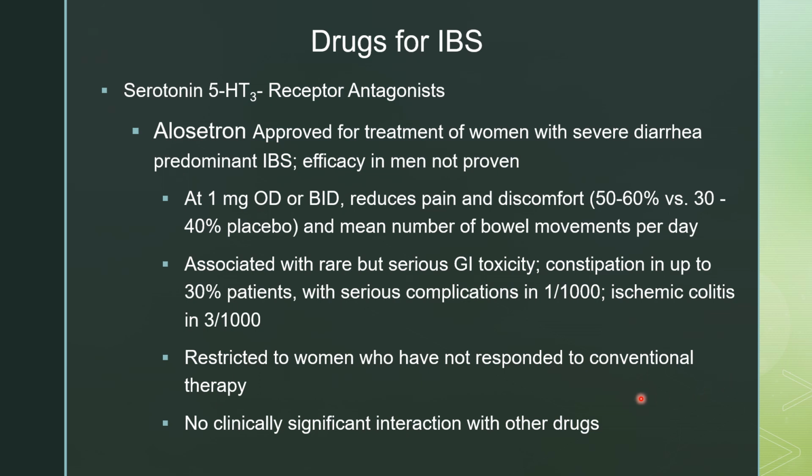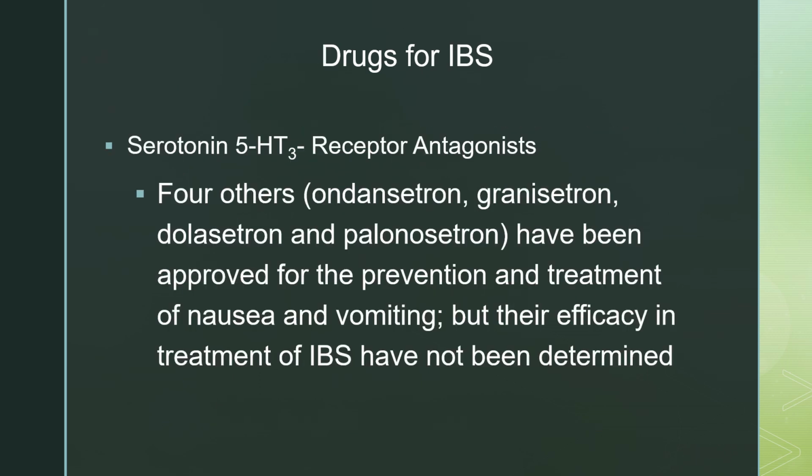The drug didn't show any significant interaction with other drugs. Aside from that one, we still have 4 others: your ondansetron, your granisetron, your dolasetron, and your palonosetron, which have been approved for the prevention and treatment of nausea and vomiting, but their efficacy in the treatment of IBS is yet to be determined.